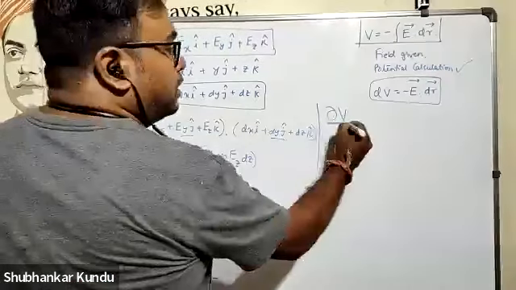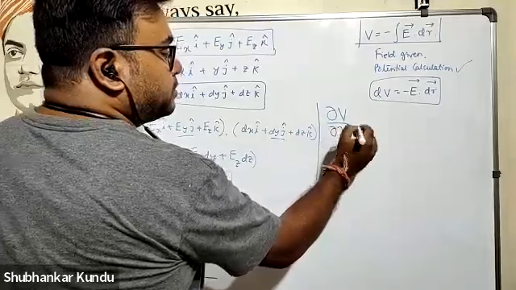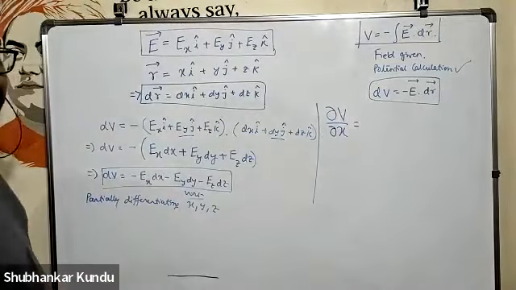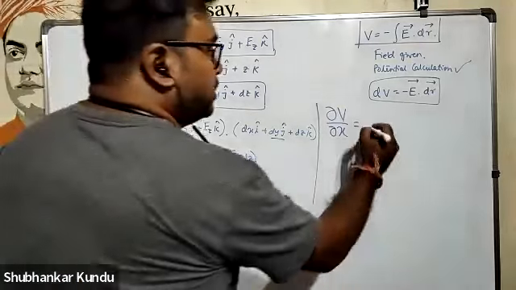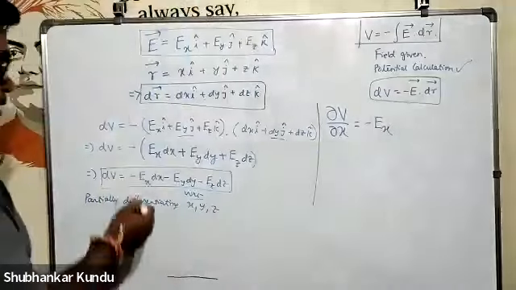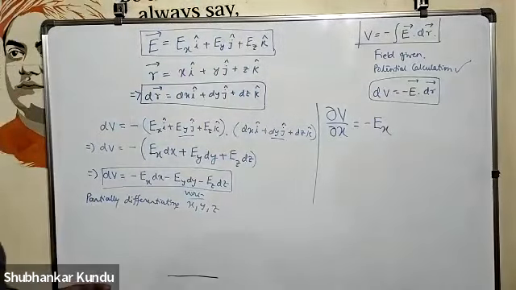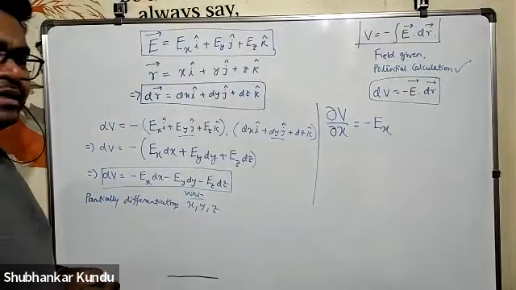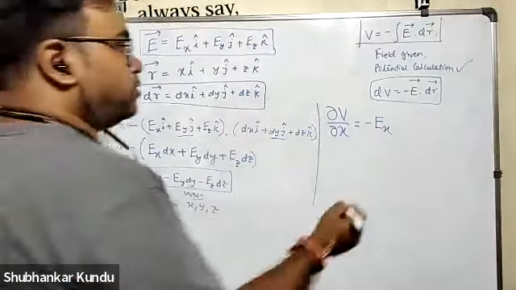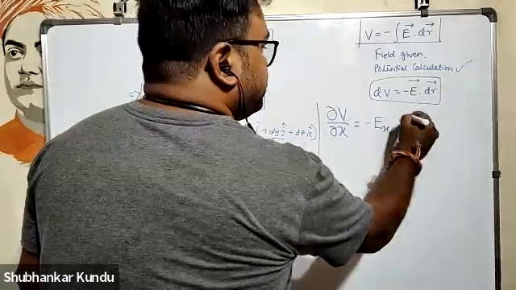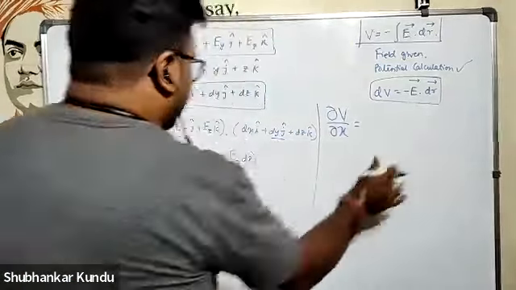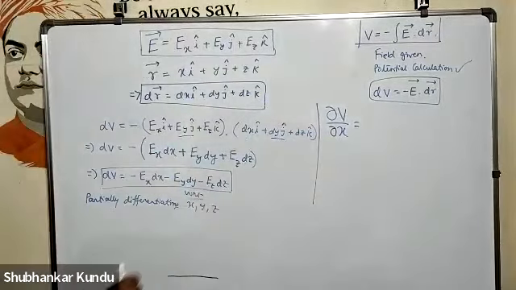We will get del V del x is equal to the partial differentiation of minus Ex dx, which will be giving us minus Ex. So where has the dx gone? Okay, let me show the process. We are partially differentiating this one with respect to x.